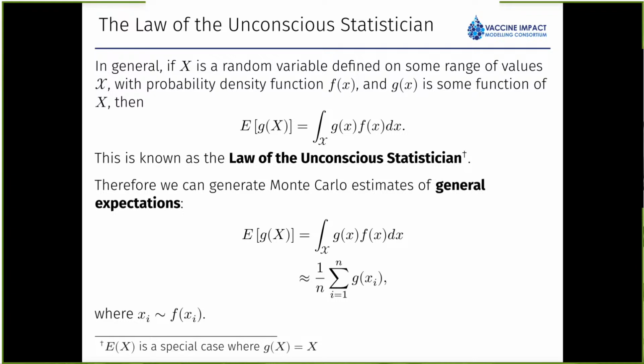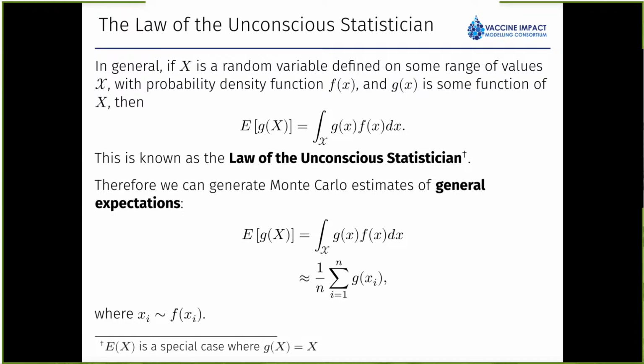This is called the law of the unconscious statistician. It's called that because most times when we teach it in statistics, we treat it as if it is a definition. Technically, it's not a definition. It's a derived quantity that comes from probability theory. But anyway, it doesn't really matter. The key point is that any integral we can write like this, we can estimate in exactly the same way, where we take a large number of random samples from our distribution f, and then we take the sample mean of g of x.